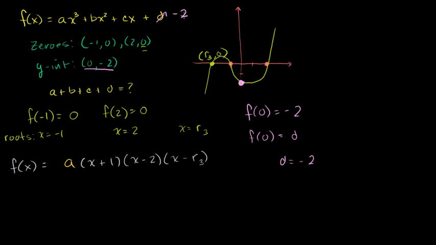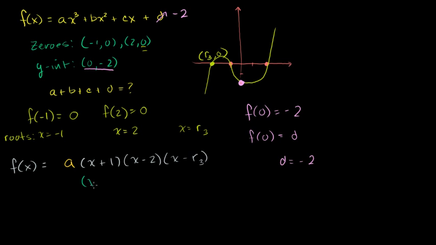Now, if d is equal to -2, that means all of these constant terms, when you multiply out this expression, and I would include the a, because the a is scaling everything, must be equal to -2. Let me be clear here. Let me rewrite this expression. I'll just multiply the a times this last term. We can do it in any order we want.